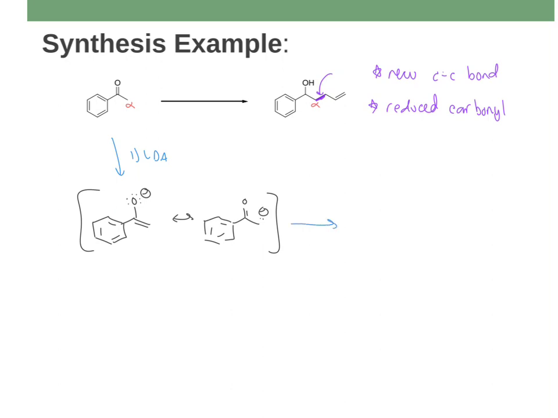I see that I need to add this piece. So 1, 2, 3 carbon piece. So I need to add basically this, and I need to slap on a leaving group. So I'll just use bromine because I know that's a nice good leaving group. So that'll be my second step, right? And I know that in that step, basically this is going to just do an SN2 reaction to give me this.